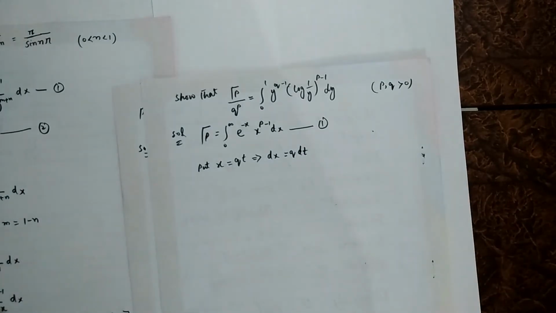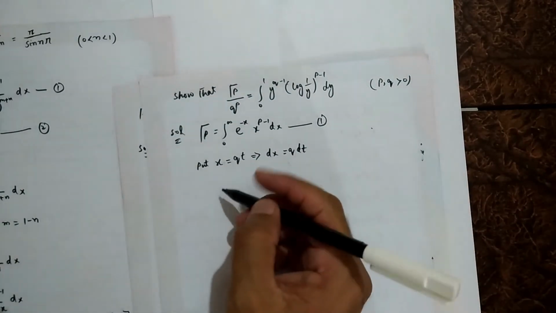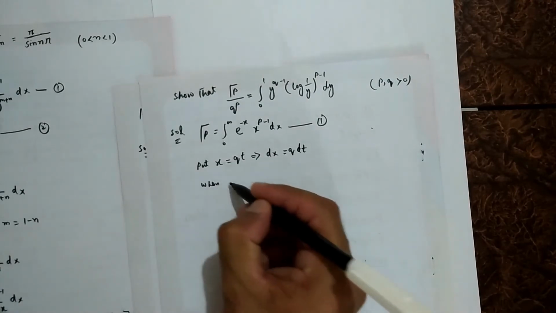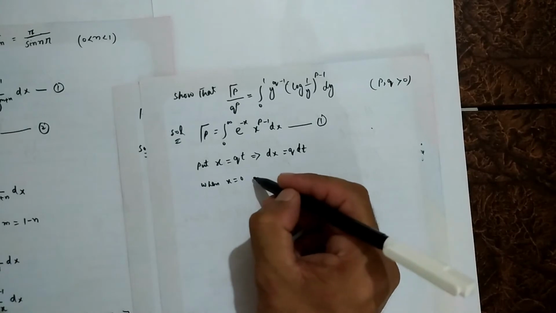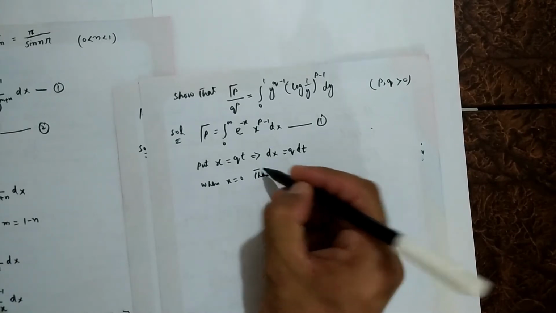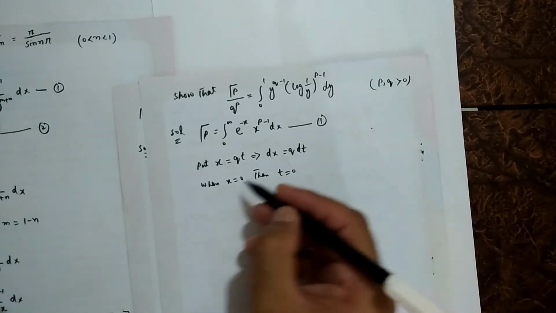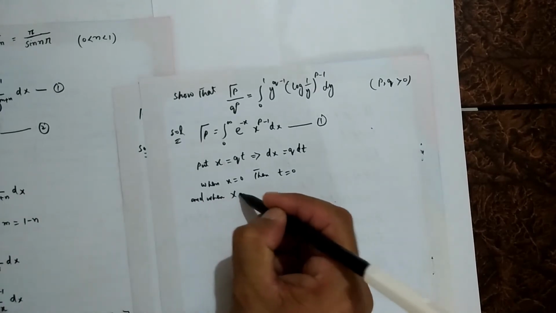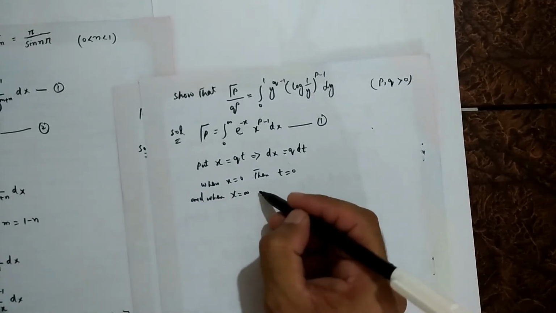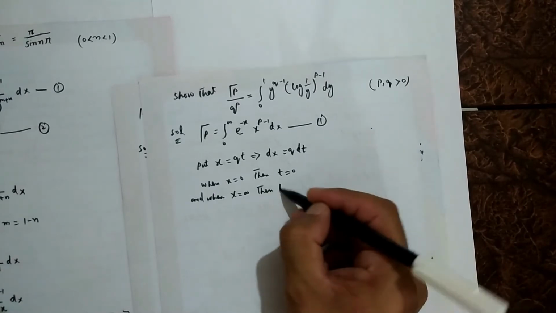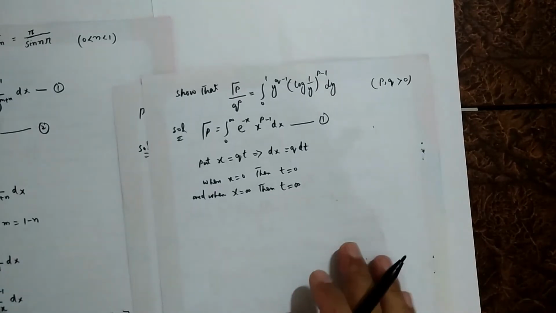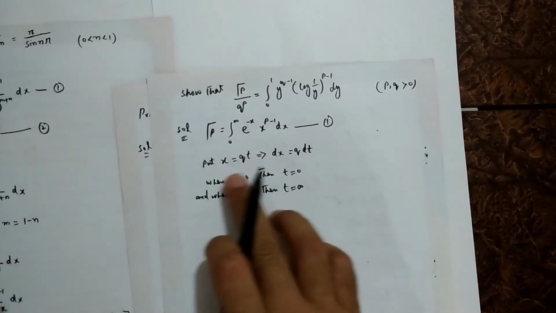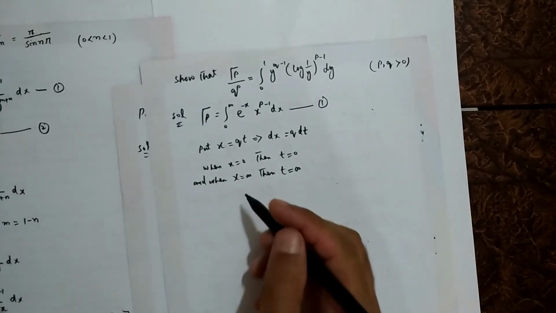So for the limits, when x equals 0, then t is also 0, and when x equals infinity, then t is also infinity. So there will be no change. Now substitute these values in equation number 1.